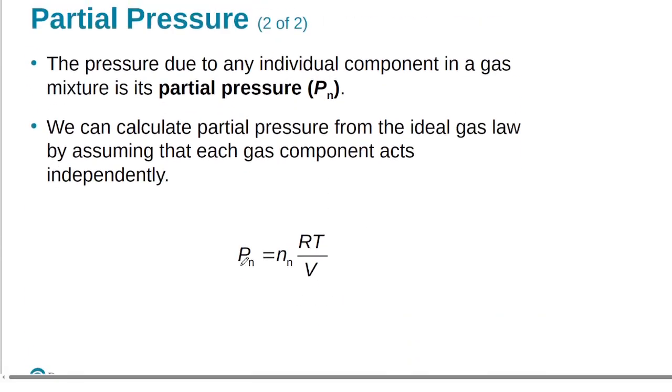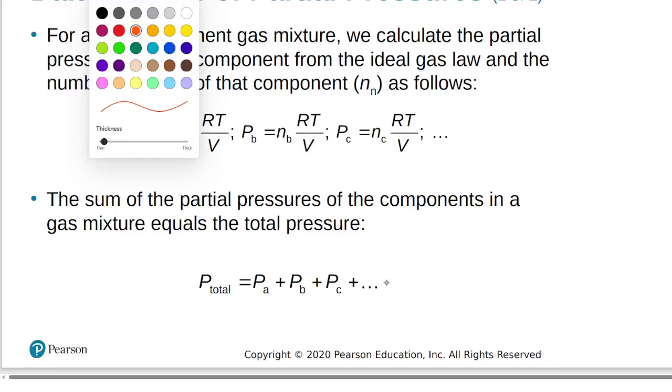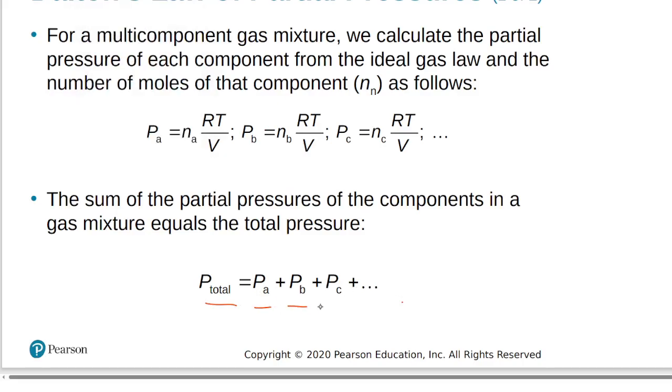And we know that the pressure of a gas mixture is equal to the number of moles times RT over V. And if we consider each of the individual partial pressures separately, we can calculate the moles of an individual gas in a mixture by its partial pressure. So let's recap that real quick. The total pressure of a gas mixture is given by the partial pressure of each of the components of the mixture.